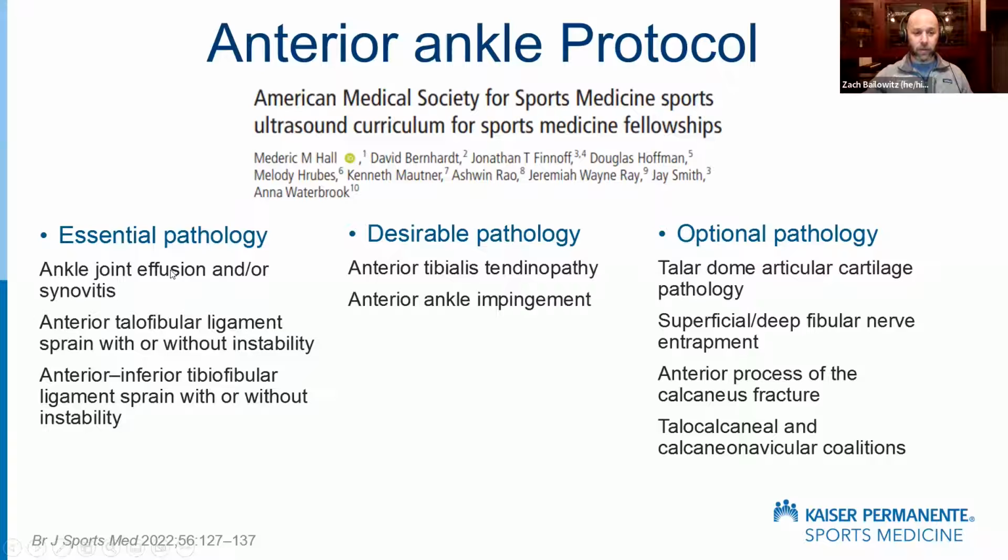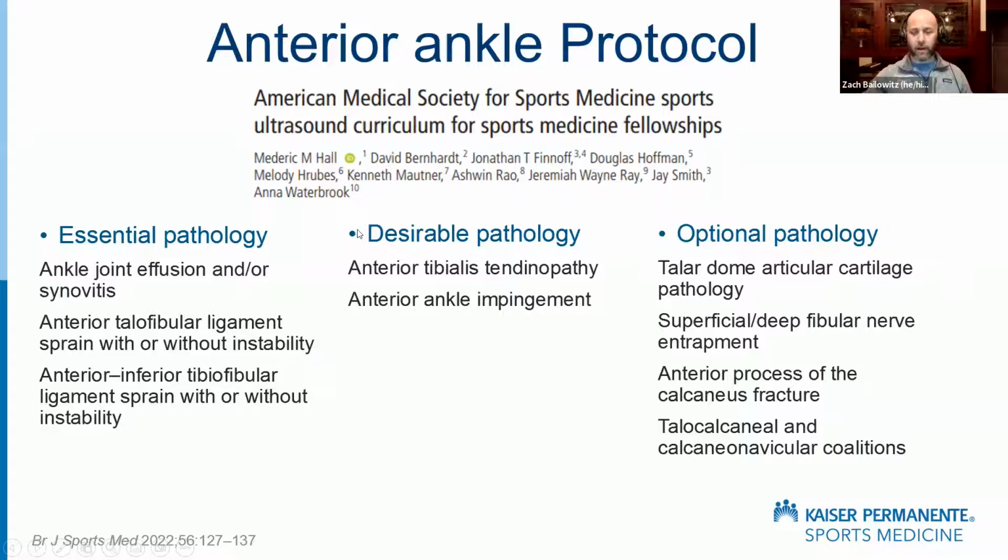In their essential pathology, they also describe looking at the ATFL and the AITFL, and a lot of that has to do with any sort of ankle trauma case that you might see. And when you jump into desirable, you've got the TIBANT, and then looking for anterior ankle impingement, and then some optional pathology, looking at a few other things that we'll dive into. So, this is a great resource to look through.